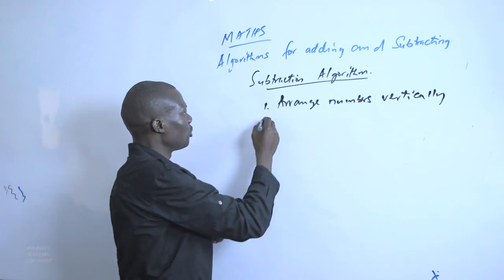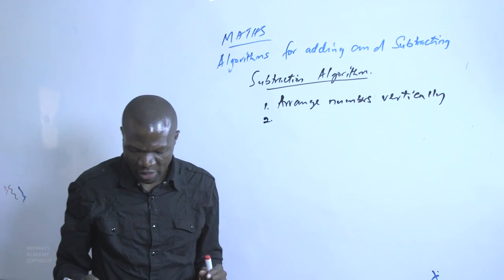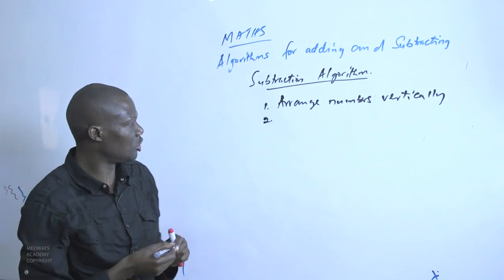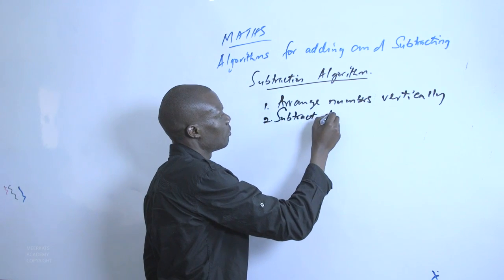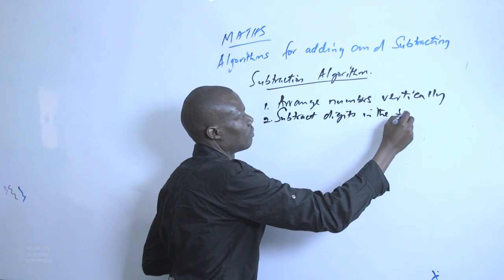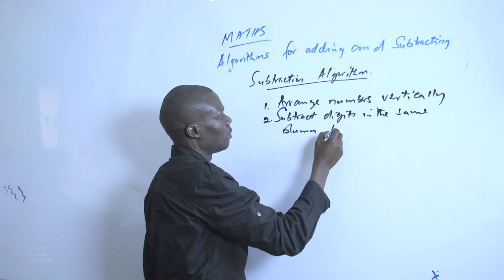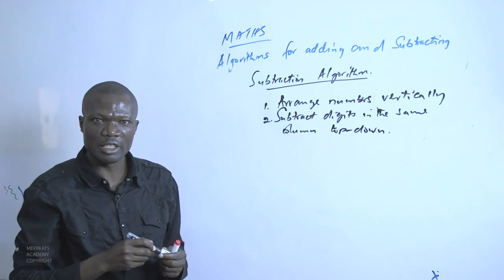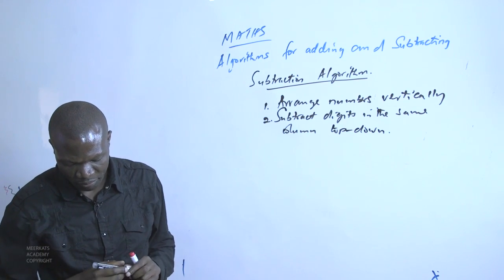Step number 2 that we need to observe in subtraction algorithm is subtract digits in the same column top down.